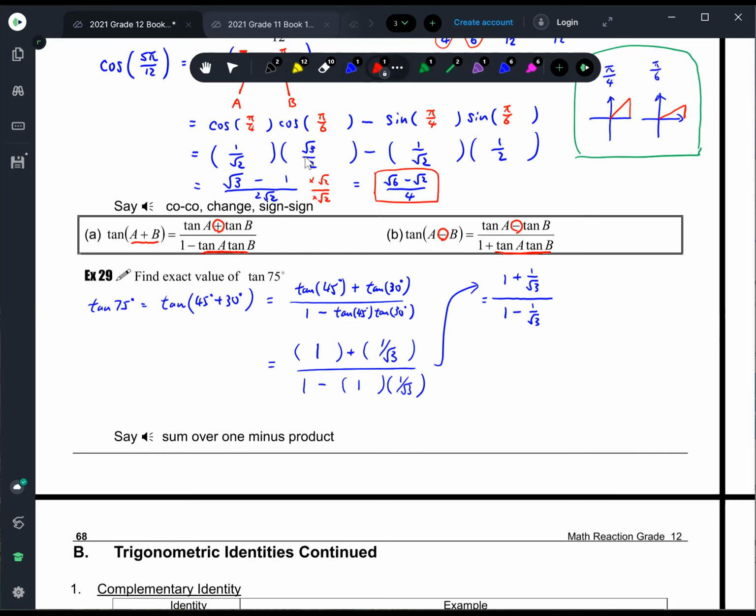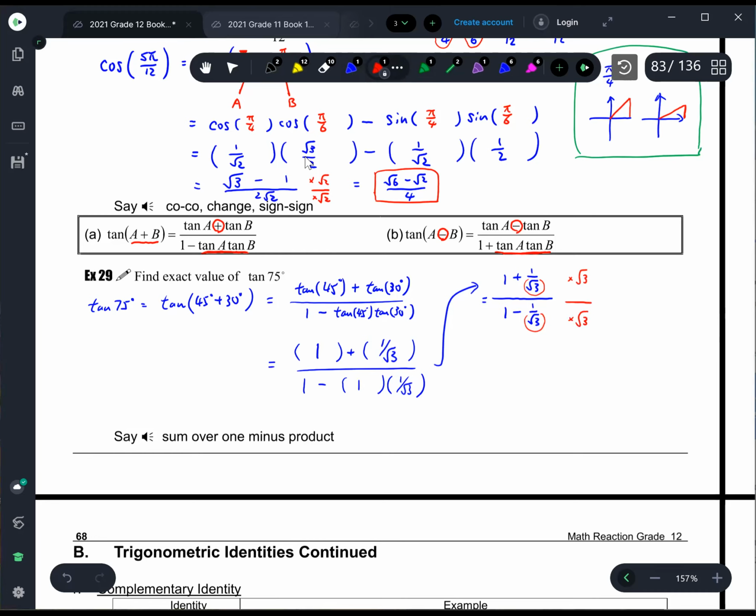First thing is to get rid of the denominator on each side of the fraction. We have a square root 3 in the denominator, right? We multiply top and bottom by square root 3. Then that should cancel out the denominator in both sides. Top and bottom multiply by the same thing.